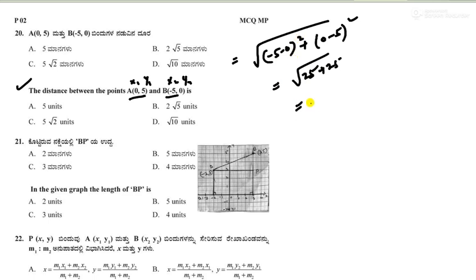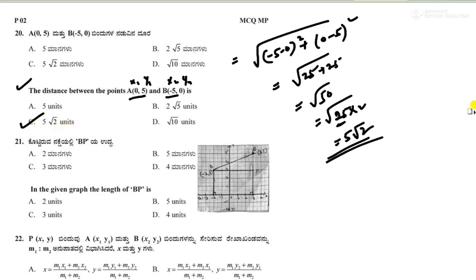Square of minus becomes plus. So this is 50. So this can be written as 25 into 2, which is equal to 5 root 2. Okay, whenever you get a perfect square, just reduce it. So our answer is 5 root 2, not 2 root 5. Make sure you have written 5 root 2 because square root of 25 is 5. So this is the answer, option number C.